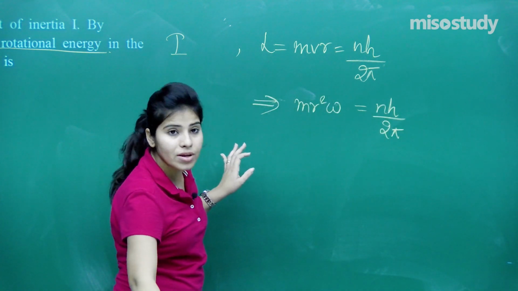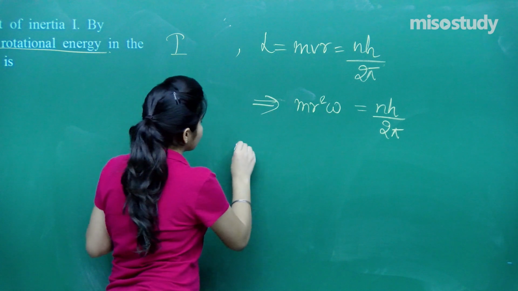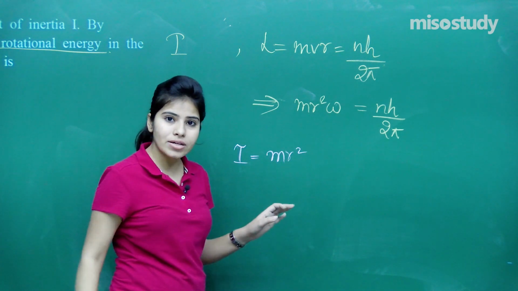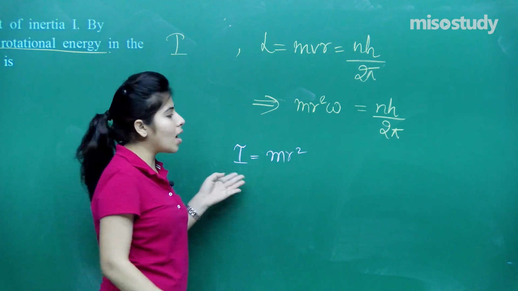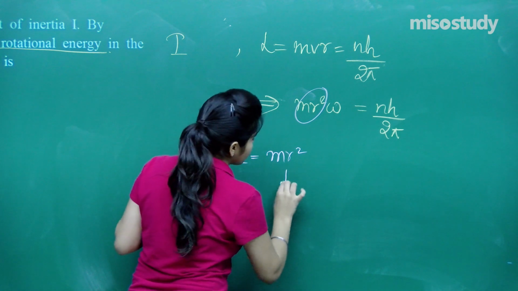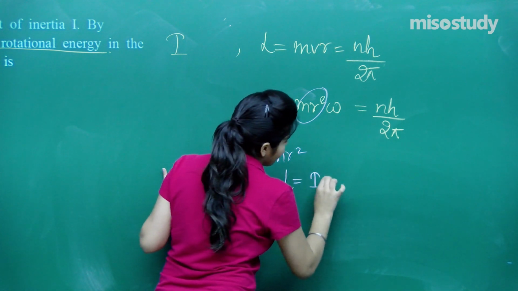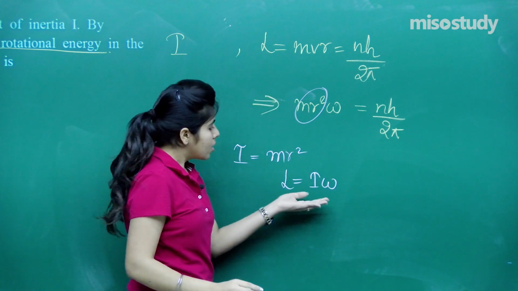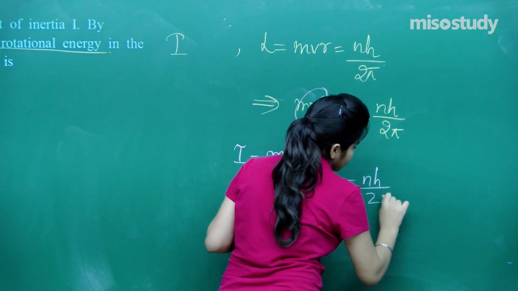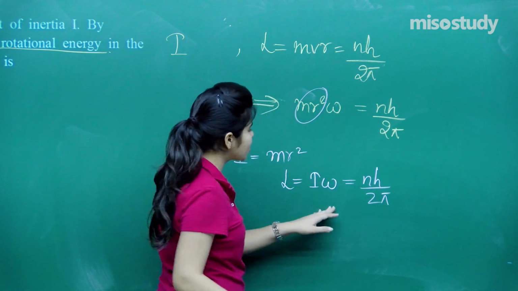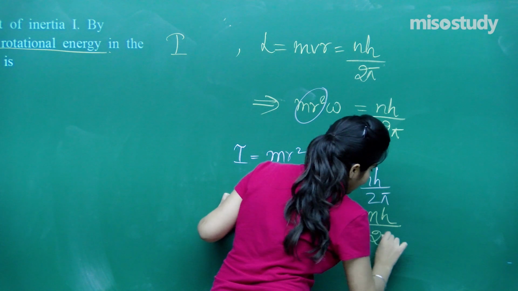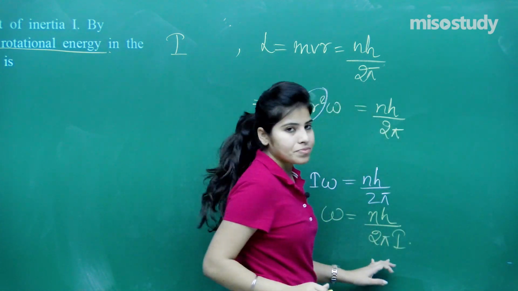Now because we have been given the moment of inertia, we know that I equals mR square. So your I equals mR square, and we will use it here. So your L will be equal to I omega. Now I omega equals nh upon 2 pi. So from here I can find the value of omega, that will be nh upon 2 pi into I.